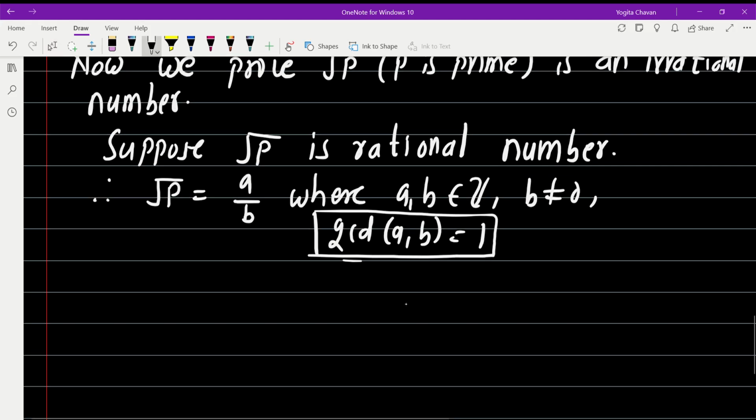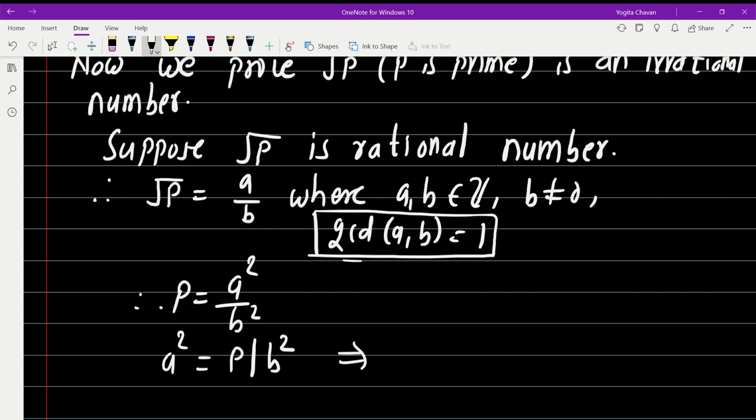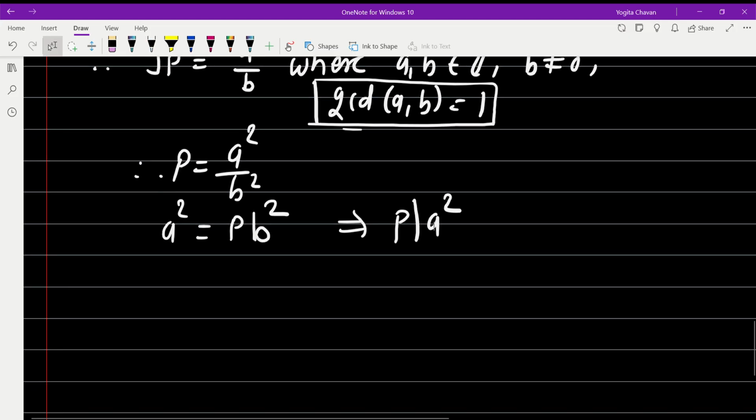Now root p is equal to a by b, therefore p is equal to a square by b square. So a square is equal to p into b square. This implies p divides a square. p divides a square implies p divides a into a.